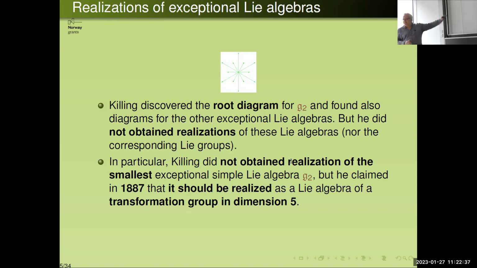Representation, it will be clear soon what I mean, but for me, realization is just, I would like to anyhow visualize this group, for example, as a transformation group on a manifold, right? Which is nonlinear action. So I will make a distinction between realizations and representation in a second, okay? So anyhow, Killing somehow claimed that this group, G2, should be realized in dimension 5, right?